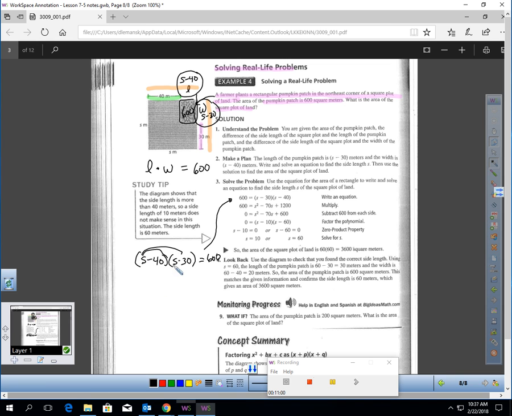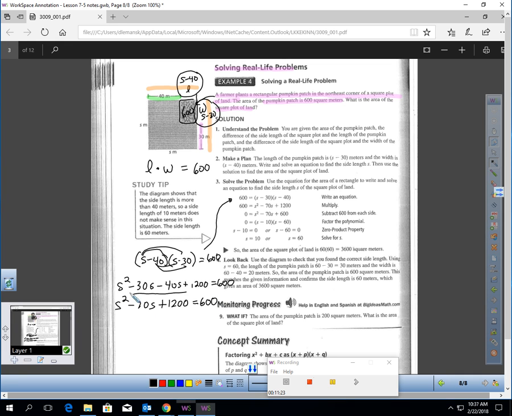S squared minus 30S minus 40S plus 1200 equals 600. Okay, let's simplify. S squared minus 70S, I can combine those together, plus 1200 equals 600.